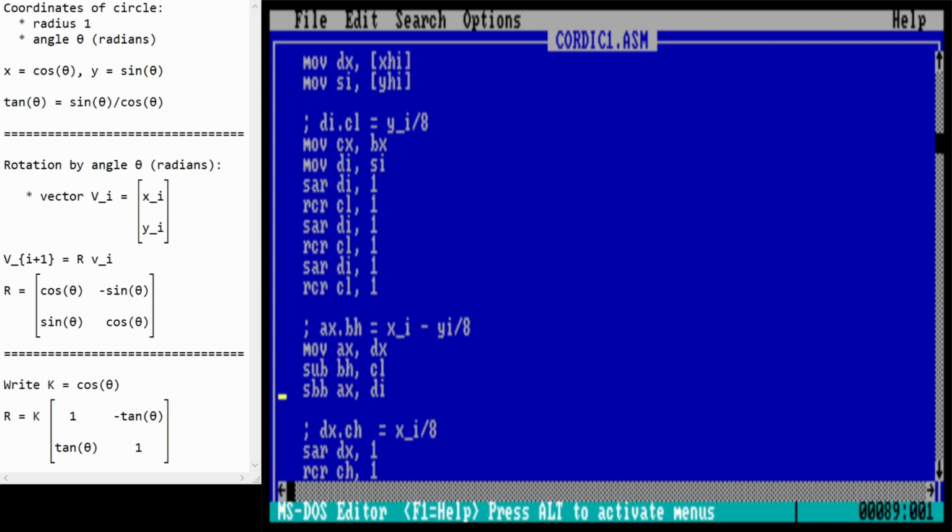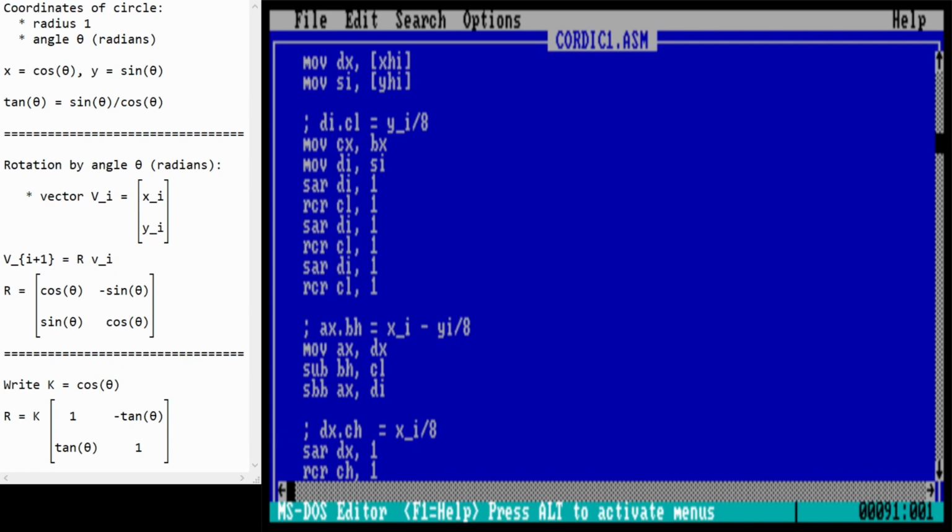And so that's how we do 24-bit subtraction. So now we have xi minus yi on 8. This is actually our new x value. Of course, we have to multiply that by k, but this value is now done other than the multiplication.